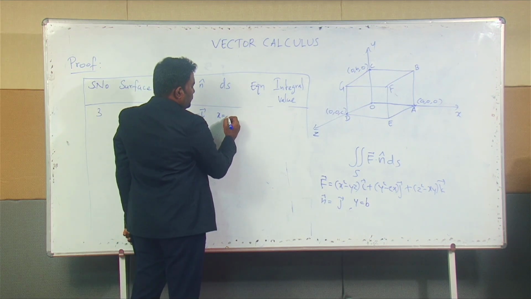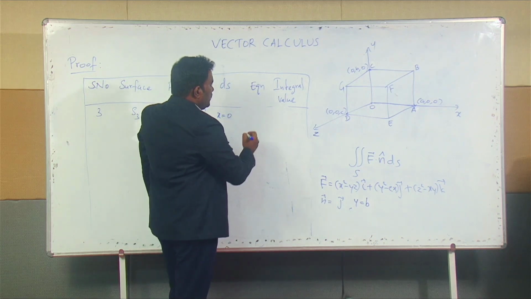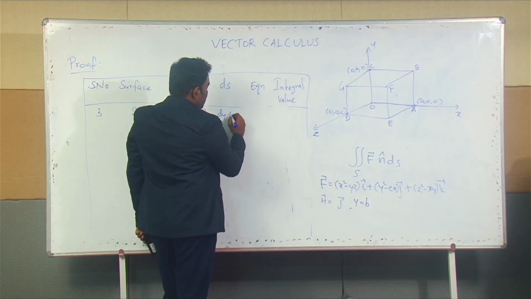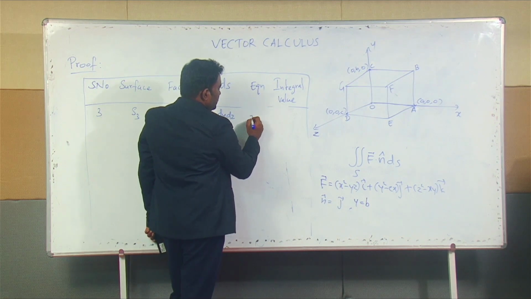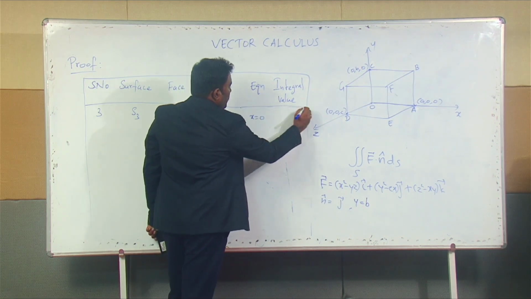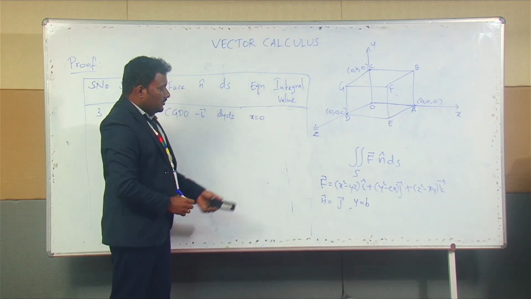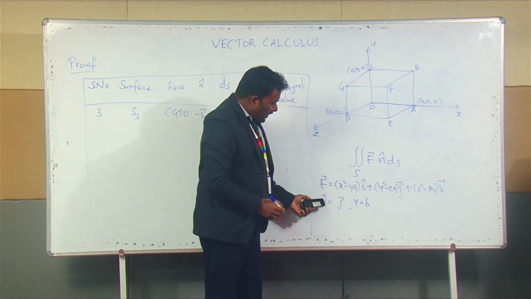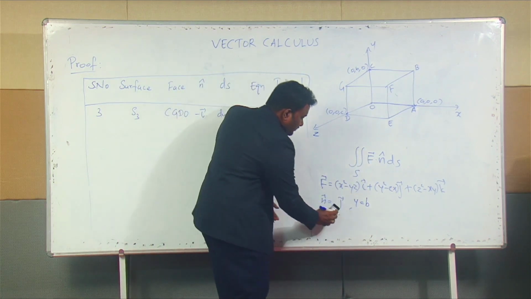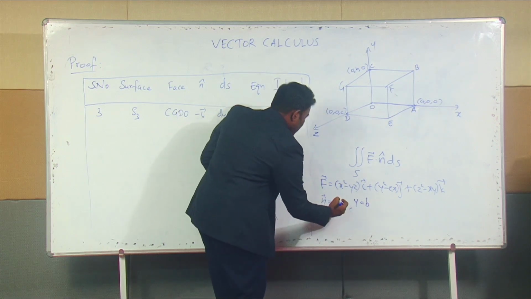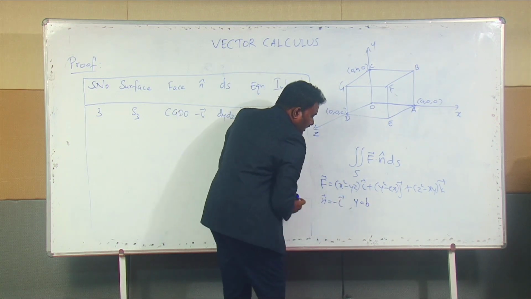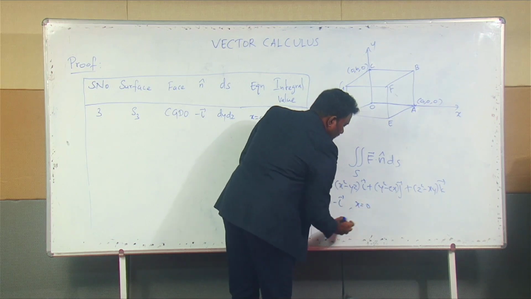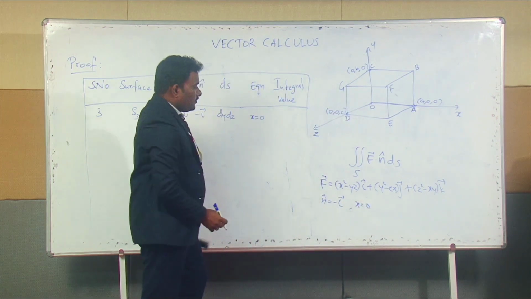x equal to 0. Sorry, the ds integrand is dy dz, and the equation of that is x equal to 0, and we have the integral value of f vector dot n cap ds, f vector is this, and n cap will be this minus i vector, and the equation is x equal to 0.